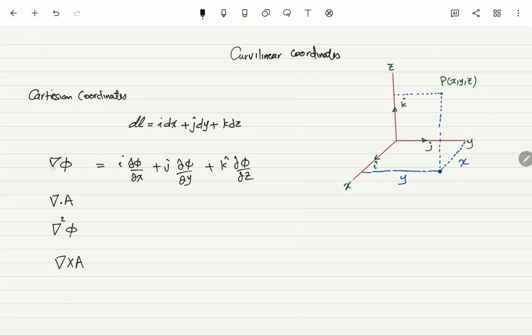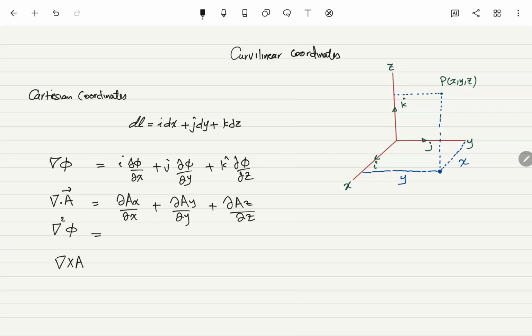Remember the del operator is i hat partial partial x plus j hat partial partial y plus k hat partial partial z, and phi here is a scalar quantity. In Cartesian coordinates, divergence A equals partial Ax partial x plus partial Ay partial y plus partial Az partial z, and the resultant is a scalar quantity.